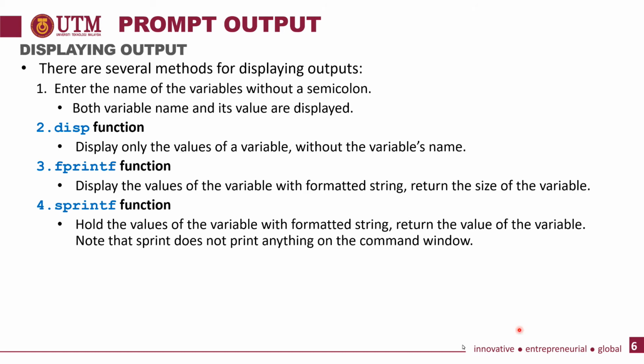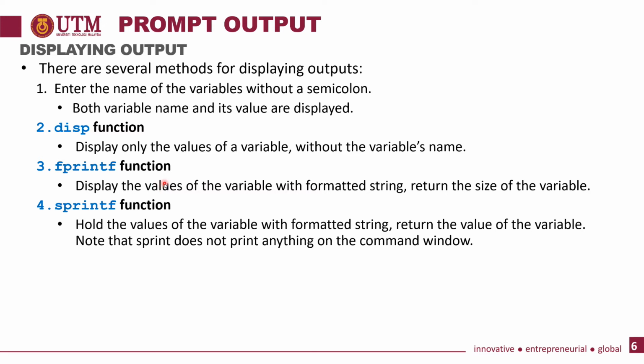This function holds the values of the variable with formatted string, and it returns the value of the variable. Note that Sprintf does not print anything on the command window. The difference between Fprintf and Sprintf is that Fprintf will return the size of the variable.